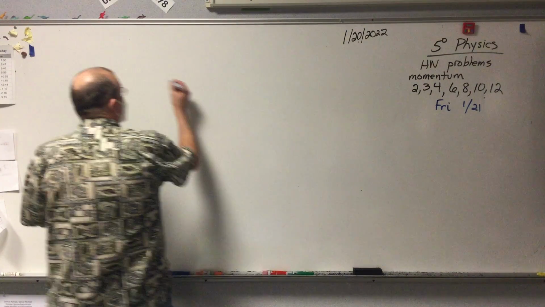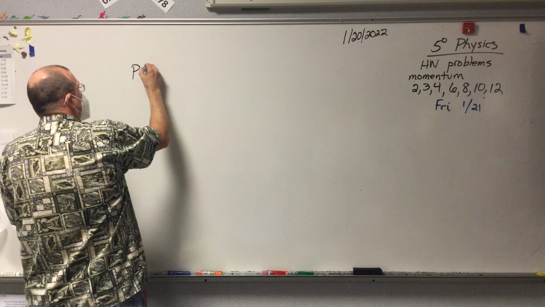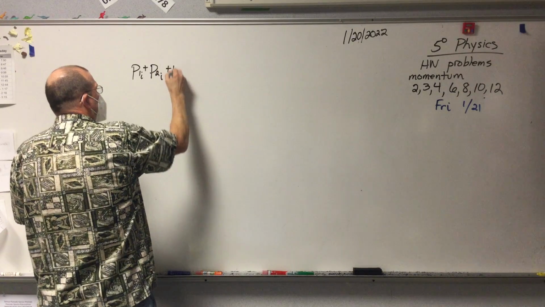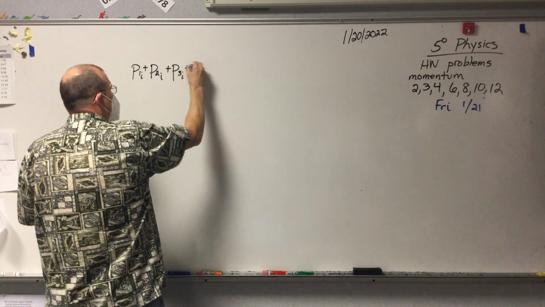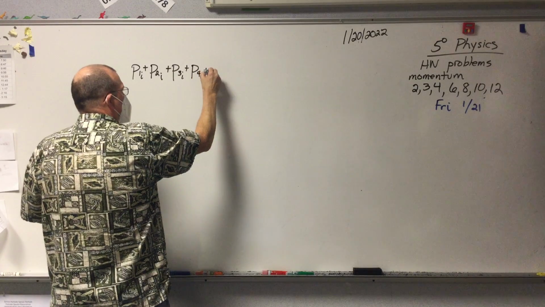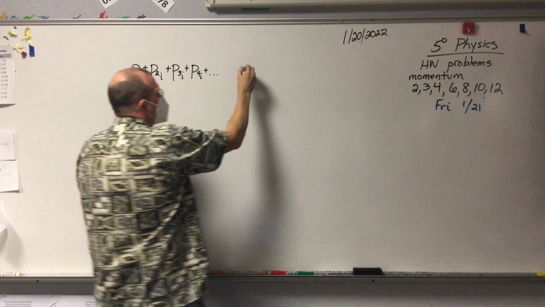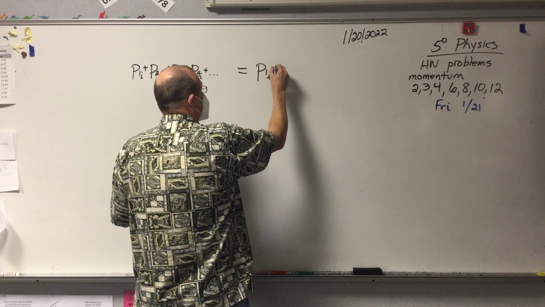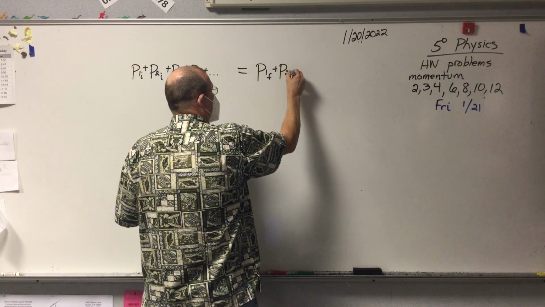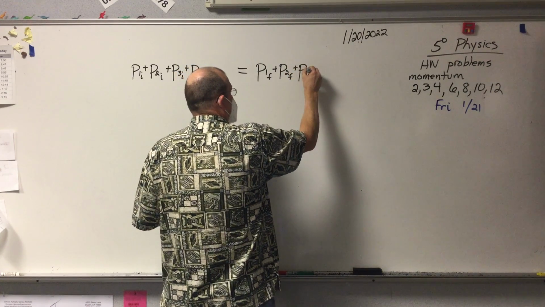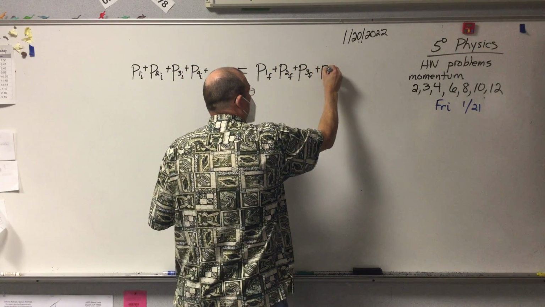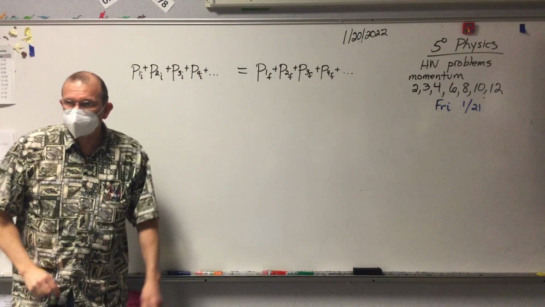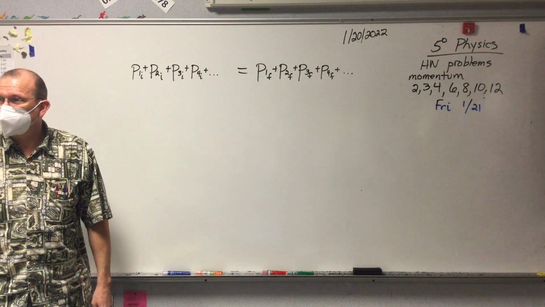We had P1i plus P2i plus P3i plus P4i plus our ellipses, and then that equaled P1f plus P2f plus P3f plus P4f plus ... And this was the idea behind the law of conservation of momentum.